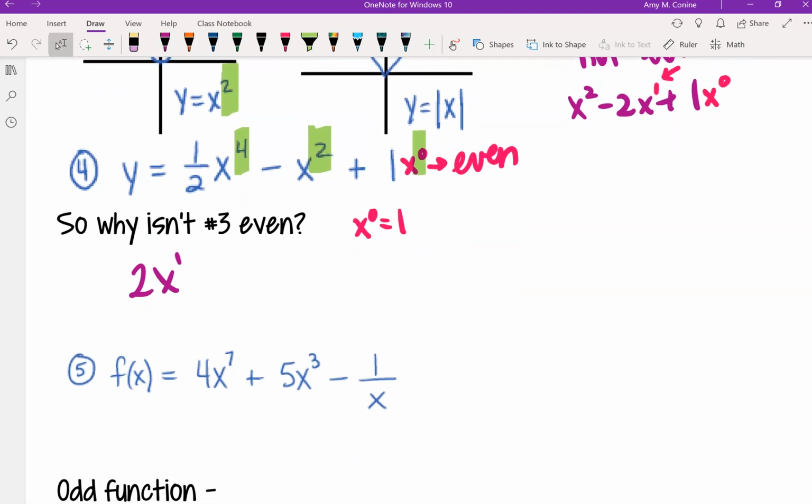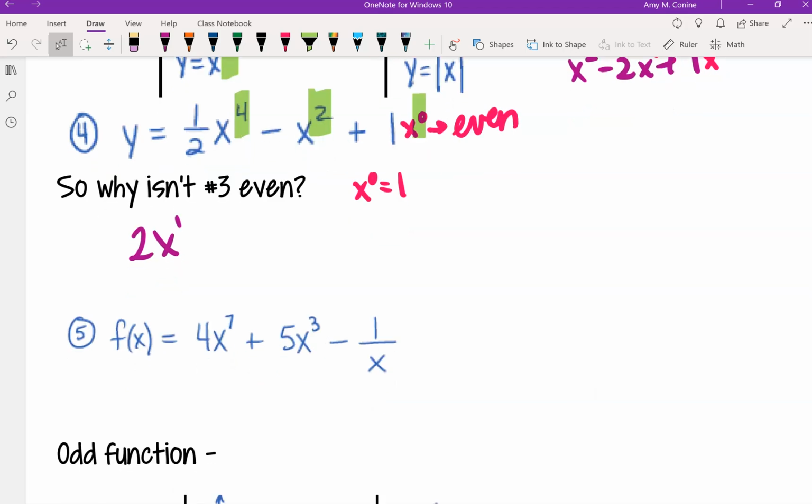So then for number 5, okay, number 5 leads us to odd functions. So if you're looking at f of x equals 4x to the 7th plus 5x to the 3rd, and you can change this to x to the negative 1, okay? So when you change it so you can tell if it's even or odd, if you check in your calculator and you plug this into your graph, which I'm doing at the moment, so I can show this to you. X to the negative 1.